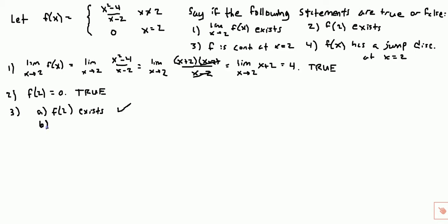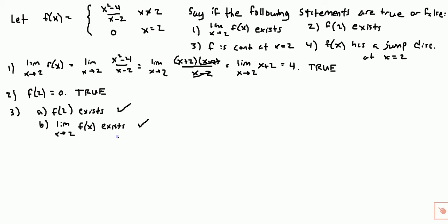B, we have to have the limit as x approaches 2 of f of x exists. And that looks like the first part, right? We showed that the limit as x approaches 2 of f of x exists and is equal to 4. So we know that this is true. And now we have to check the last part.